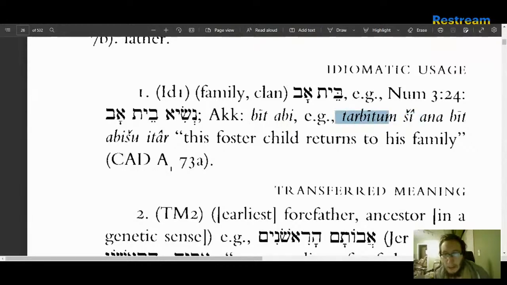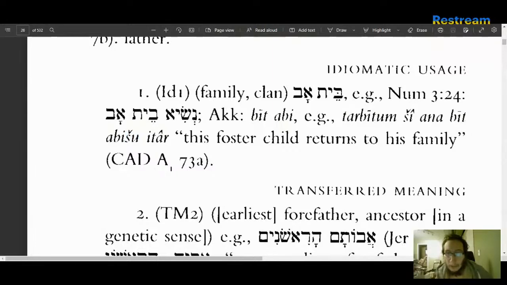So tarbitum shi ana bit abisu itar. The relevant words that are the same are right here. Bit abisu. Su is just an ending that was added. Abisu. So su means his.